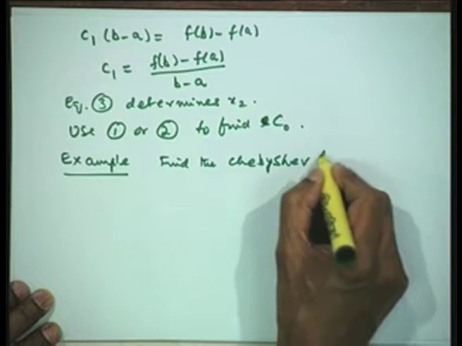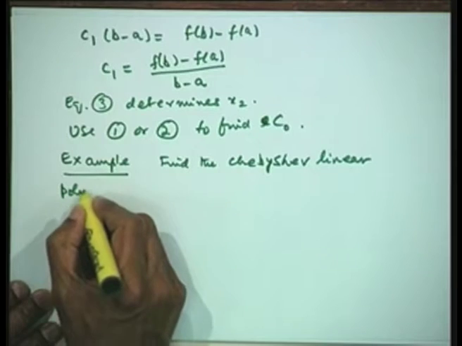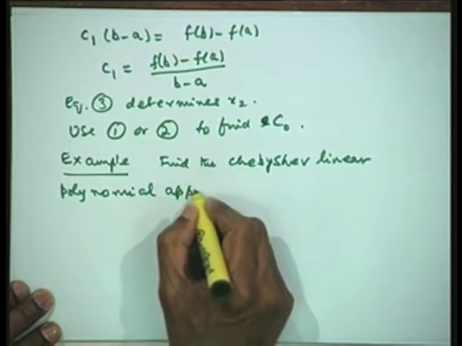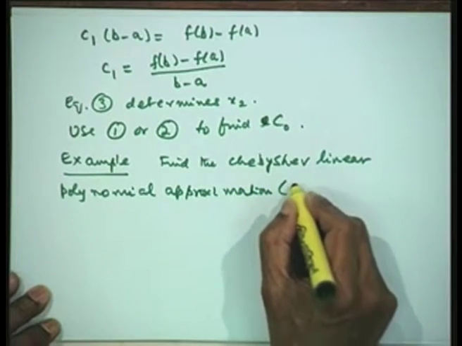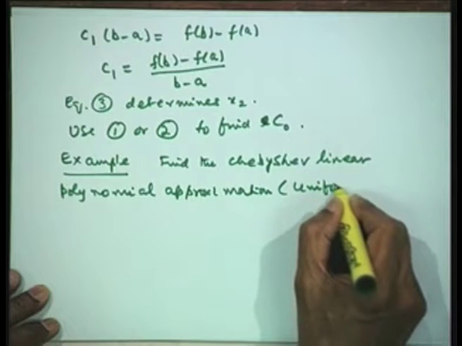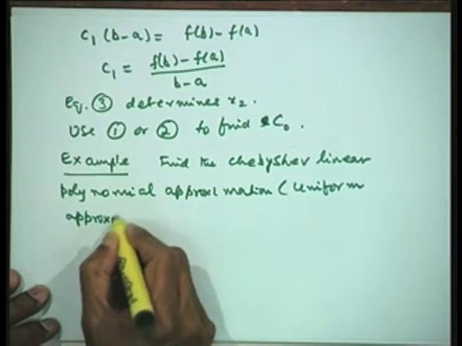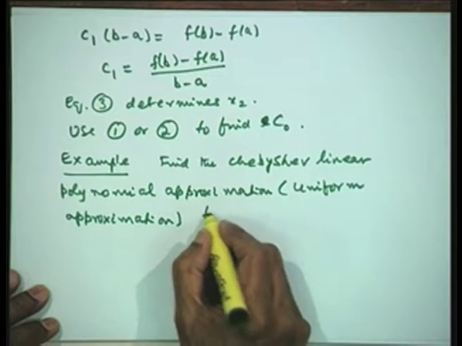So, find the Chebyshev linear polynomial approximation, which is same as the uniform approximation, to the function.